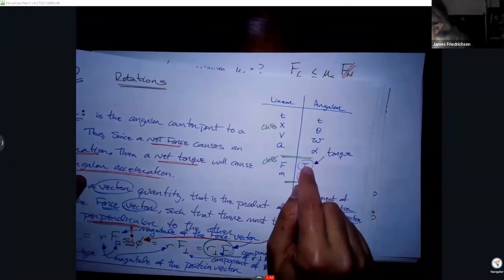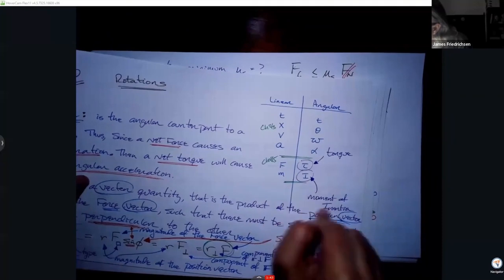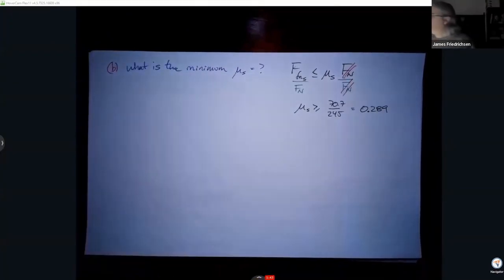So we did the torque was the angular counterpart to the force, and now we need to do that. The moment of inertia is the angular counterpart to the mass. Okay.